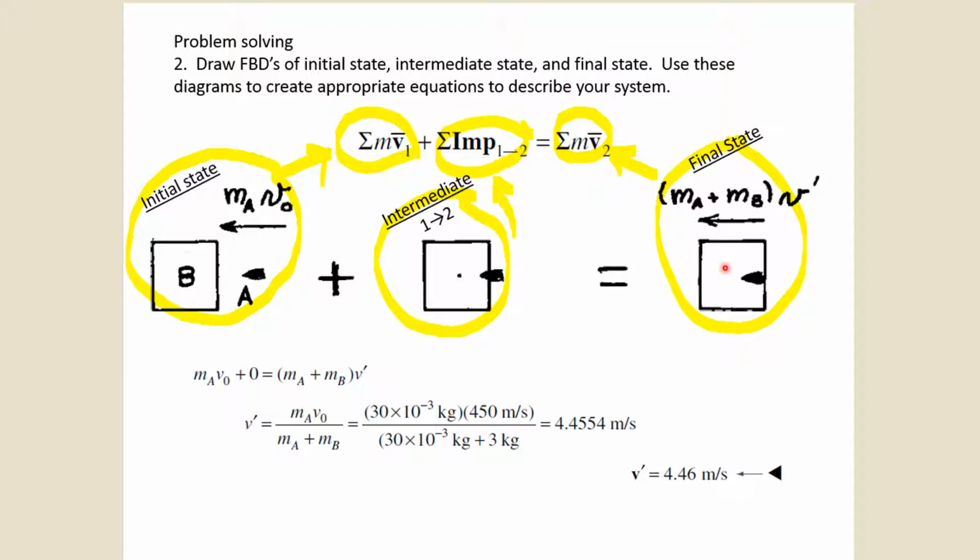And then our final state, draw a picture of it. What's happening in this second state? Draw a picture of it and just figure out one little piece of this equation at a time. So ignore everything except for MV1. Just figure out what is all of this stuff going on. What is all the impulse going on? And walk through one piece at a time and then put the whole puzzle together.